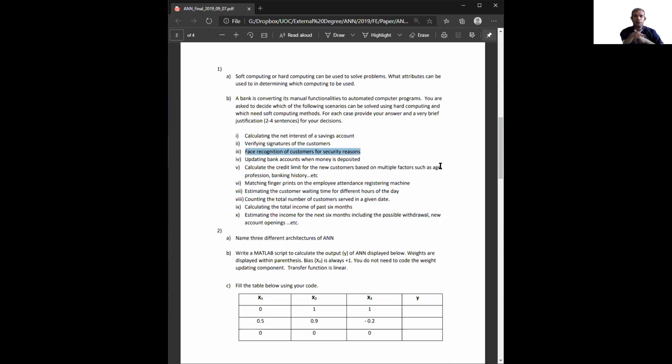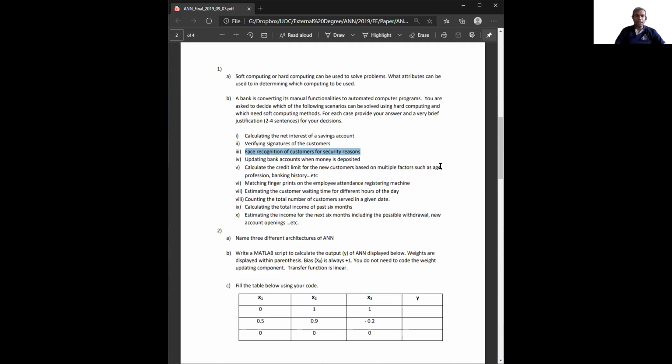What about this one? Third one, face recognition of customers for security reasons. Sometimes you have it. The moment you enter the bank, people know who has entered, and whether it's a known customer, whether it's a thief, all these details are displayed. Someone says soft computing. Now I need the justification as well.